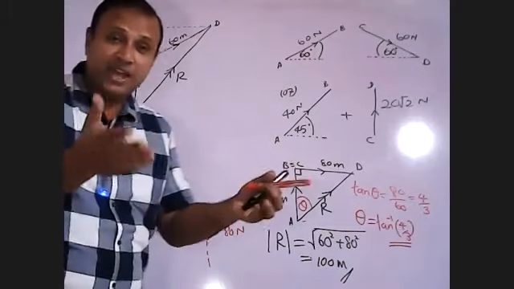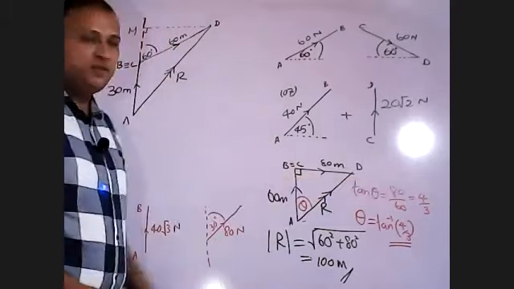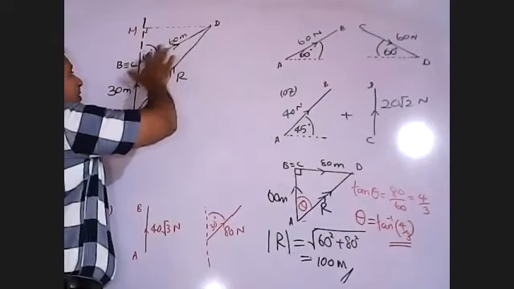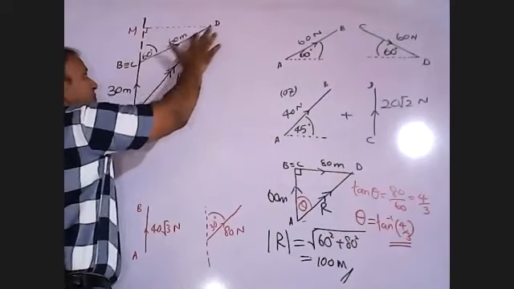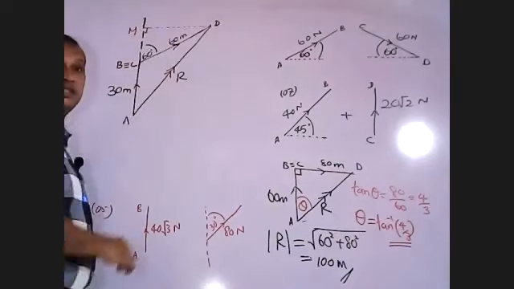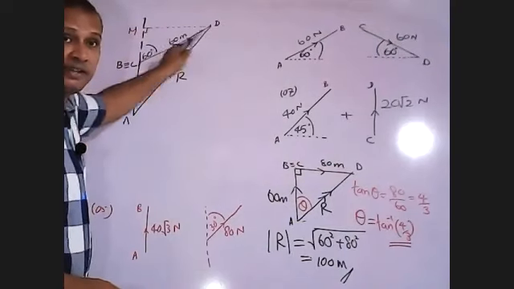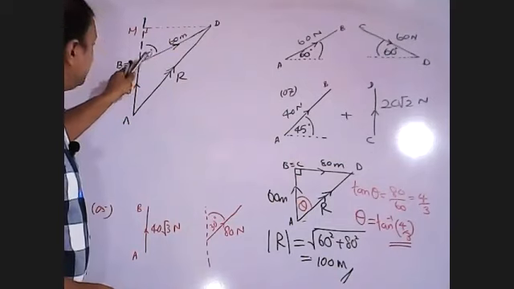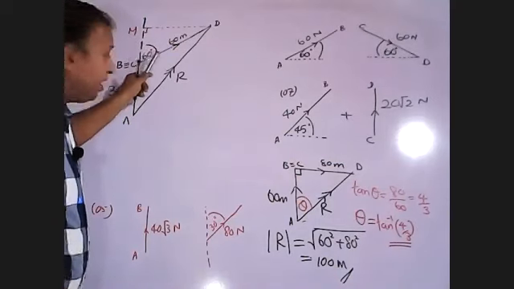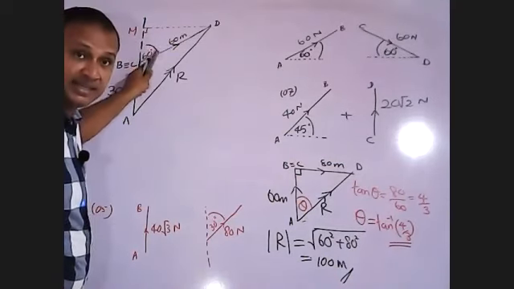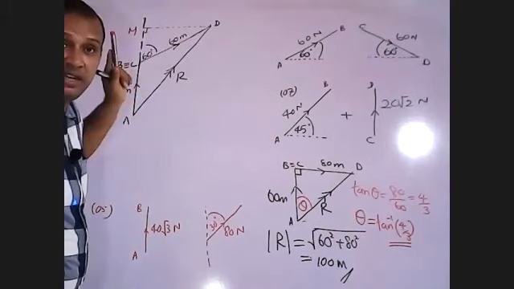In that case, you can use your trigonometric knowledge. Look at this small right angle triangle. You are given this angle and the hypotenuse.